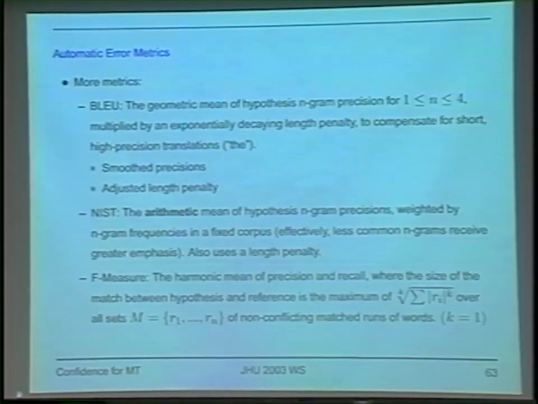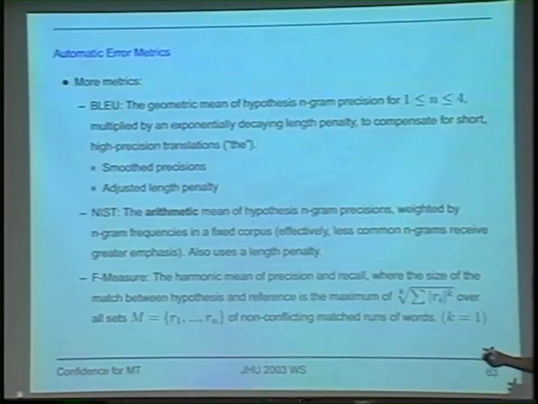We also have NIST, which is related to BLEU, but is an arithmetic mean of n-gram precisions, and also weights these n-grams by their information weight, which is basically just the less common ones get higher weight. Finally, we looked at the F measure, which is intended to be a more standard or more intuitive way of looking at MT errors.